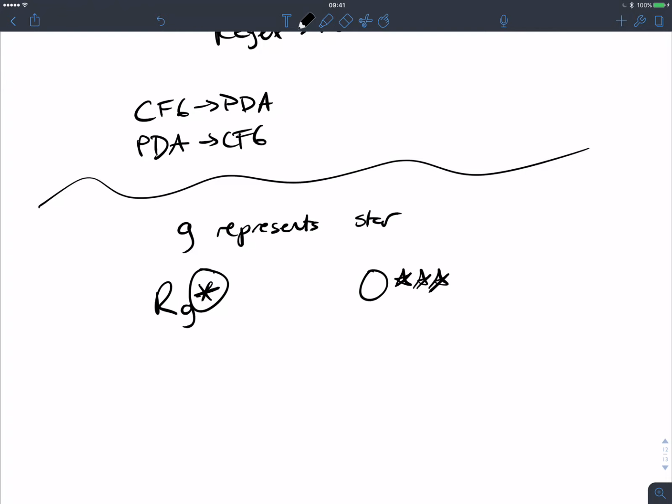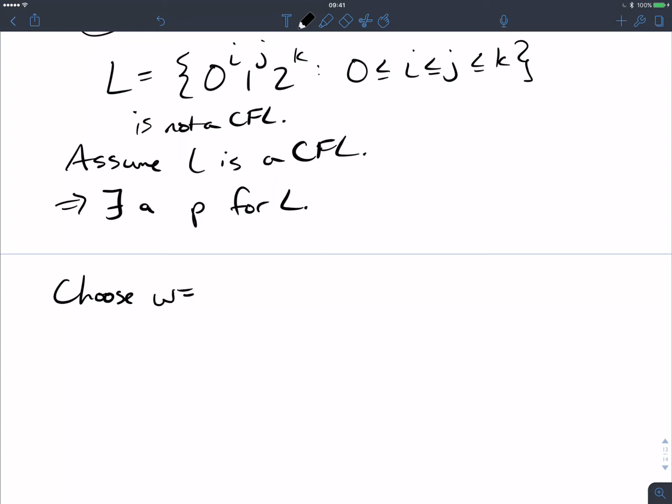In the language, and of length at least P characters. Any example of that? 0 to the P, 1 to the P, 2 to the P. Is that in the language? Yes, P is less than or equal to P, less than or equal to P. So, yep, but the proof will be slightly different here.